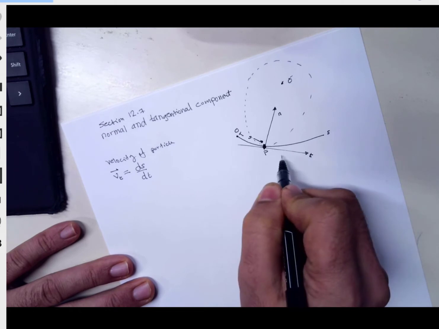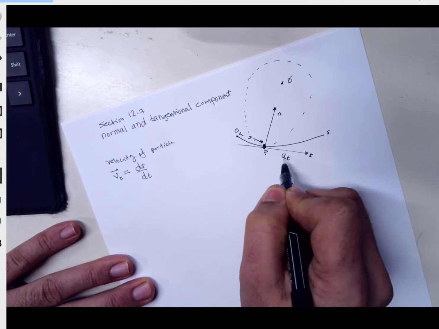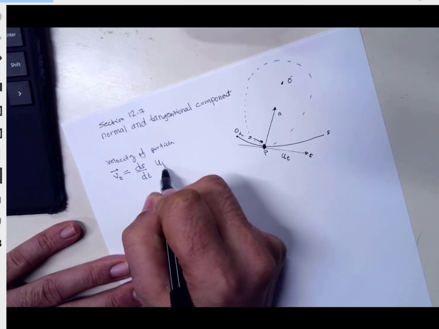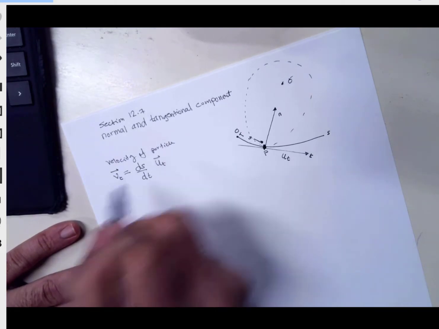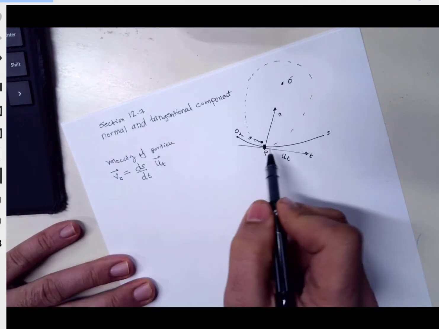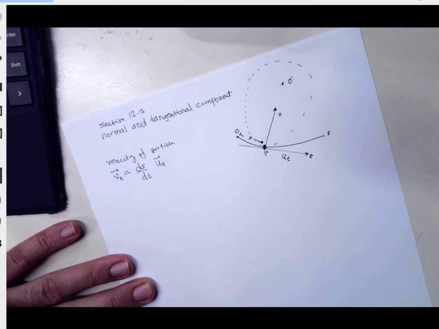I'm going to call this u_t. This is a unit vector, u_t, that has magnitude 1 and direction tangent to the path at that instant.